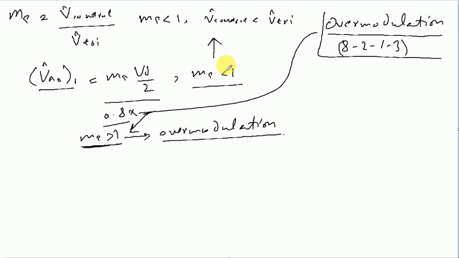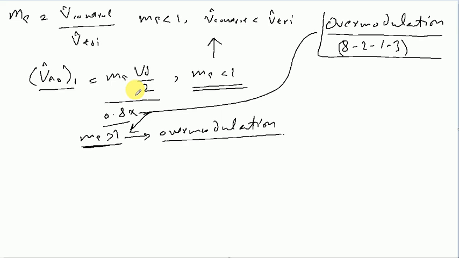The disadvantage in this case is that now the output voltage will have much higher values and a higher number of harmonics, as compared to the case when the amplitude modulation ratio is less than 1. Another thing is that in that case the amplitude of the fundamental frequency component of the output voltage had a linear relationship.